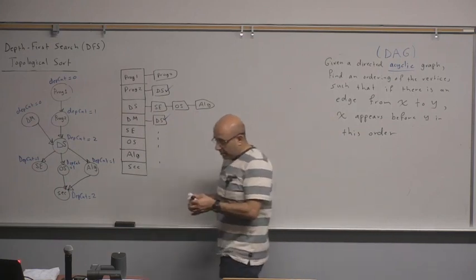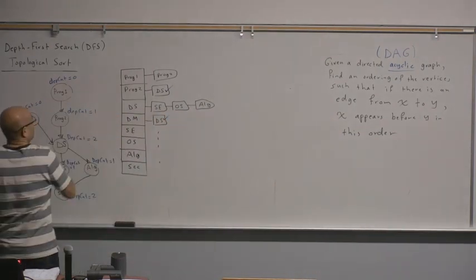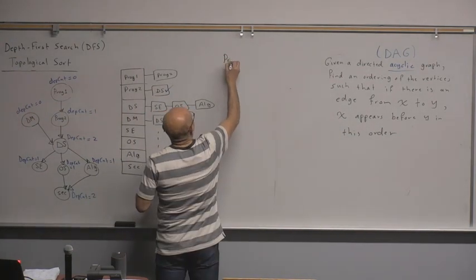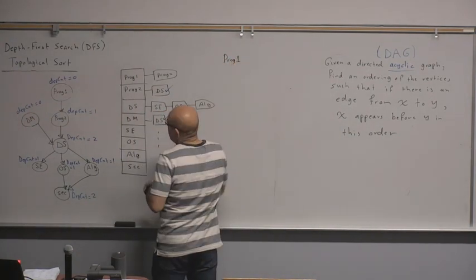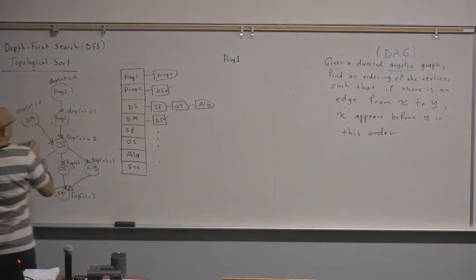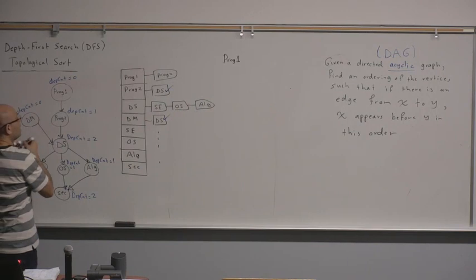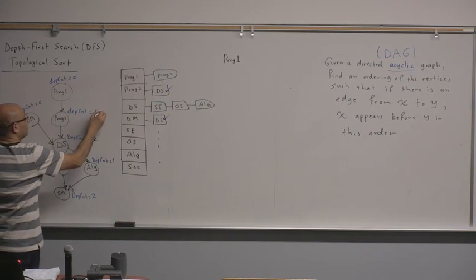So in this case, we can say, OK, programming 1 is something that we can start with. Then, when programming 1 is done, now this dependence of programming 2 is satisfied. So now we can decrement the dependence count, and this is now 0.